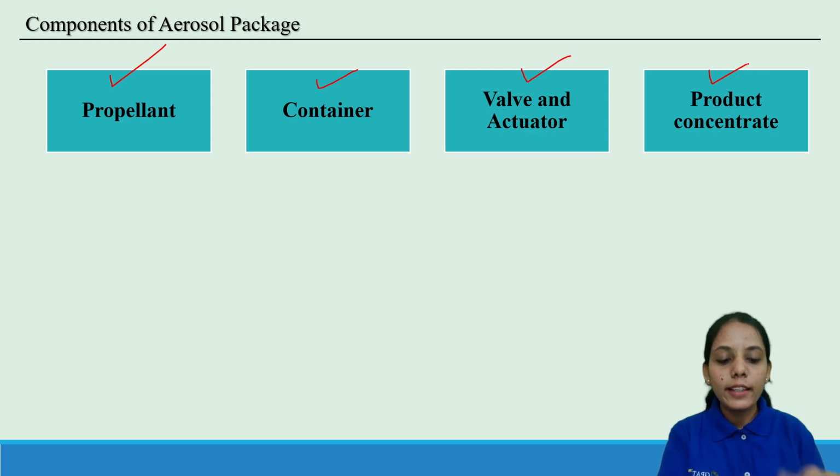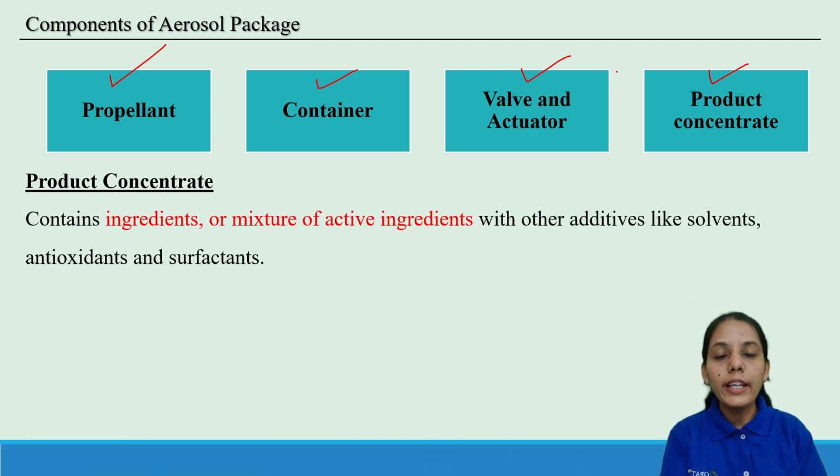Product concentrate is nothing but your active pharmaceutical ingredient or the mixture. Now see, product concentrate. It consists of ingredients or mixture of active ingredients with other additives like solvents or antioxidants and surfactants. So all these terminologies are known as product concentrate.